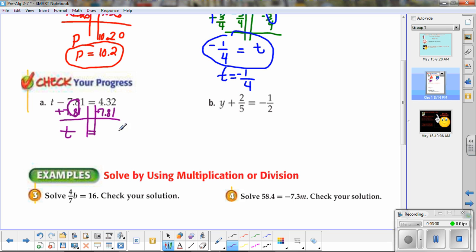And on the right side, 2 plus 1 is 3, 8 plus 3 is 11, 7 plus 4 plus 1 is 12. The decimal point goes straight down as well. So 12 and 13 hundredths. You can check your answer by plugging that back in. 12 and 13 hundredths minus 7 and 81 hundredths should equal 4 and 32 hundredths.